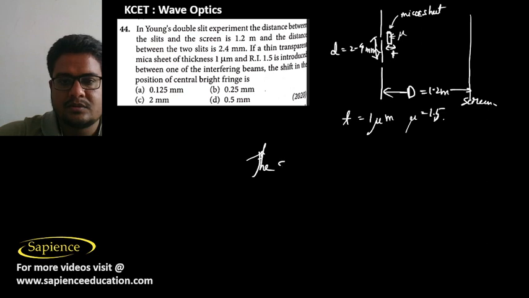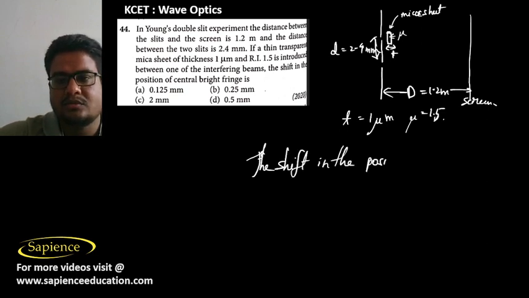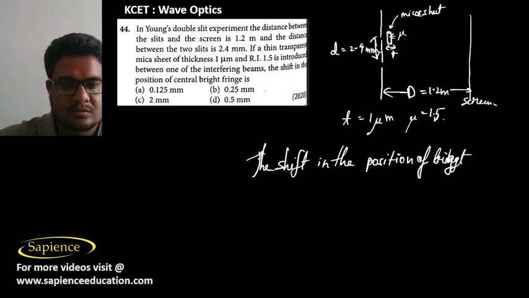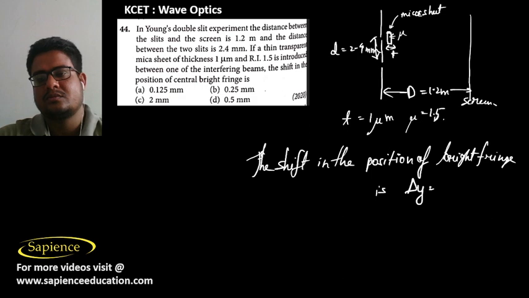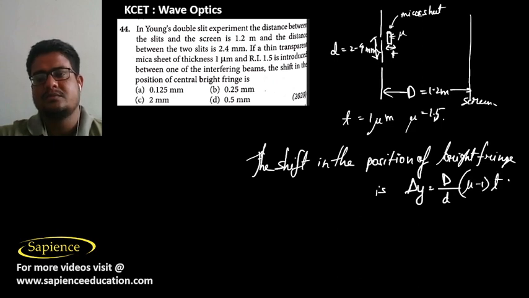So the shift in the position of the central bright fringe is given as delta y, which will be equal to D by d into (mu minus 1) into t.